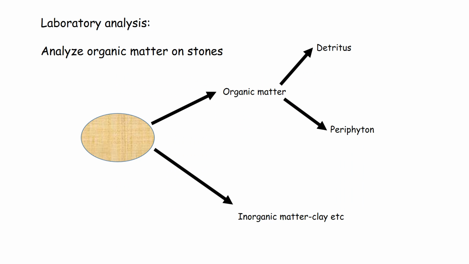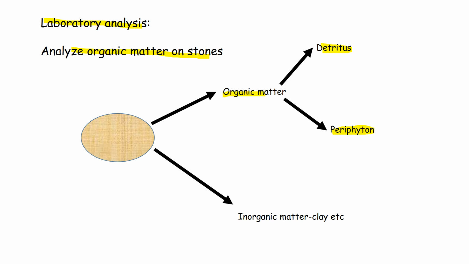Now we have returned with our samples to the laboratory for analysis. Our first step is to determine the organic matter on the stones. Each of these stones we collected contains a mixture of material. Some of it is organic matter. Some of this organic matter will be living periphyton, which contains chlorophyll A. The remainder will be detritus or dead organic matter.